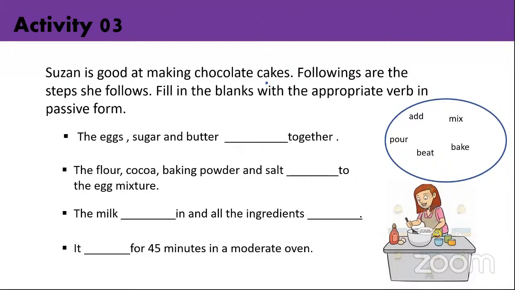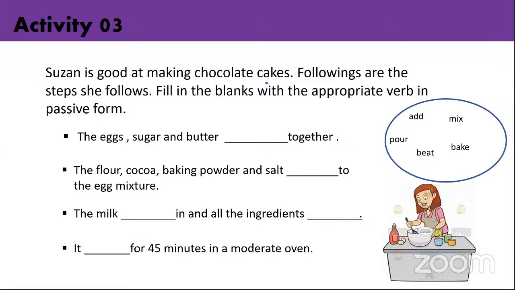You have to select. The flour, cocoa, baking powder, and salt. Then you have to select the most appropriate verb. And also you have to form the passive form of the verb. To the egg mixture.